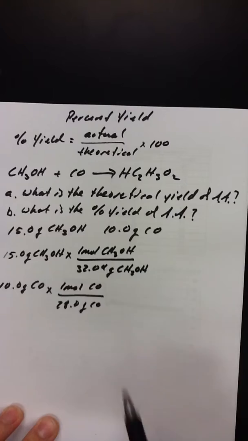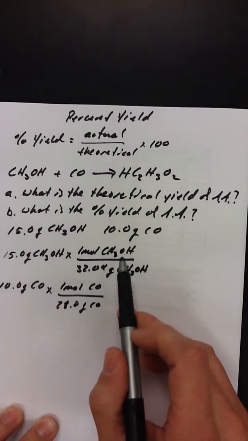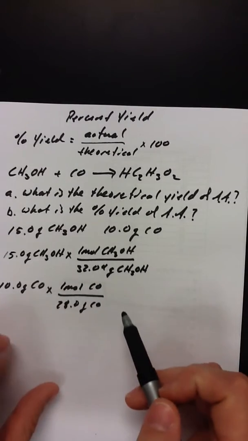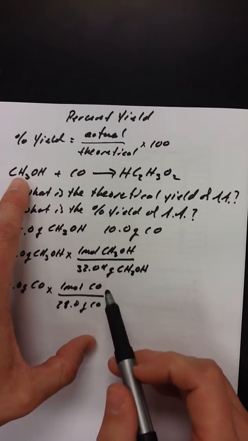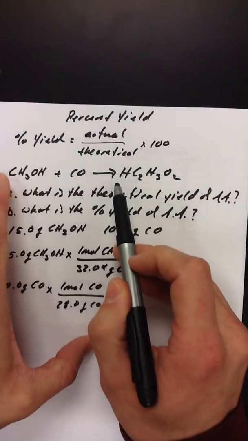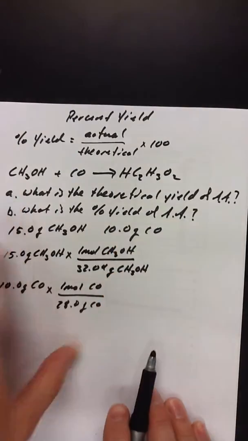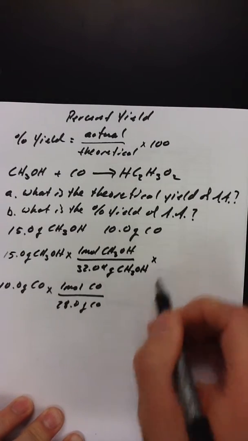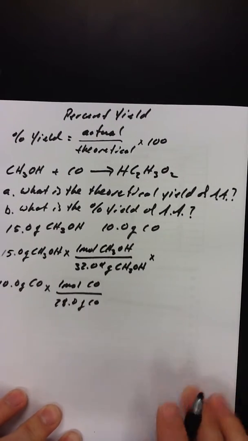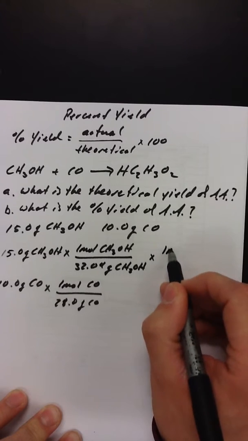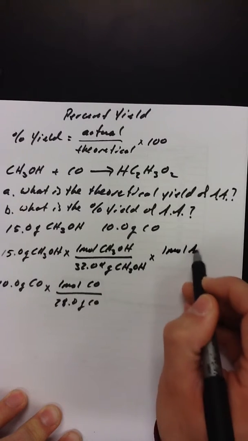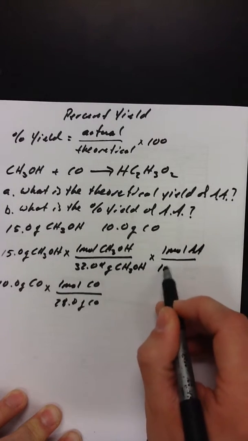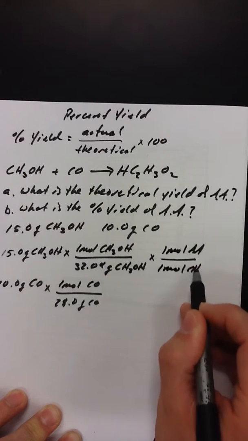Okay. Now that we have moles of methanol, we need to convert from moles of methanol into moles of acetic acid. Looking at our balanced reaction, we know that we have a 1-to-1 ratio. So we're going to convert from moles of methanol to moles of acetic acid. We want acetic acid on top. So 1 mole of acetic acid over 1 mole of methanol.